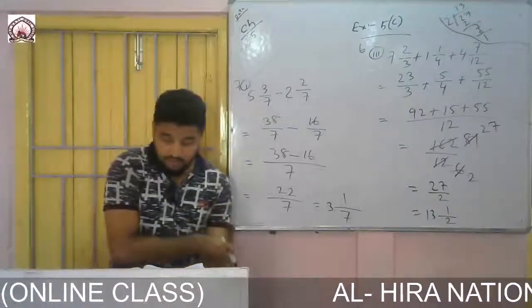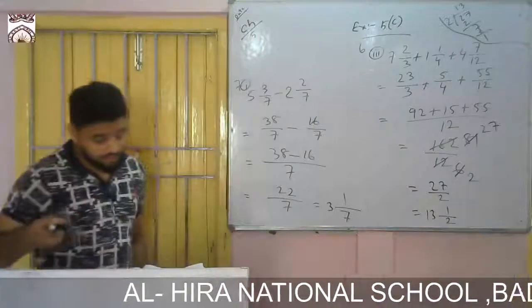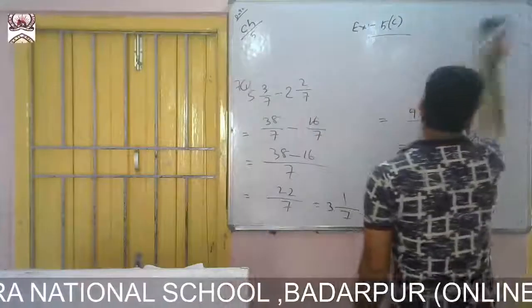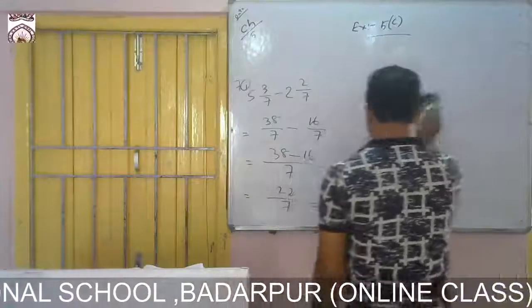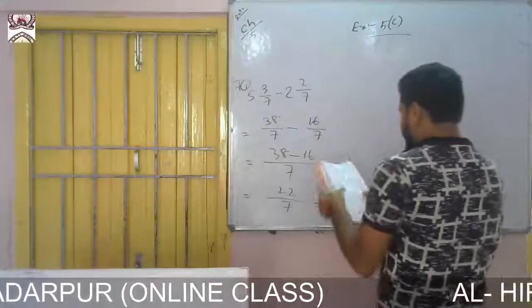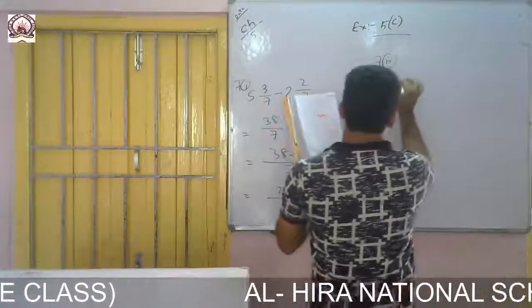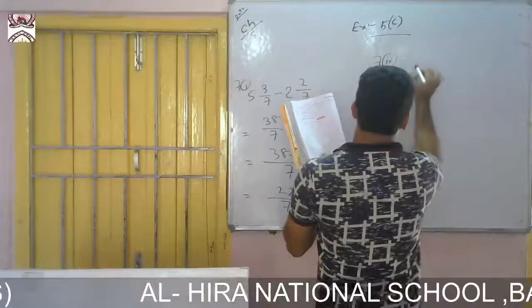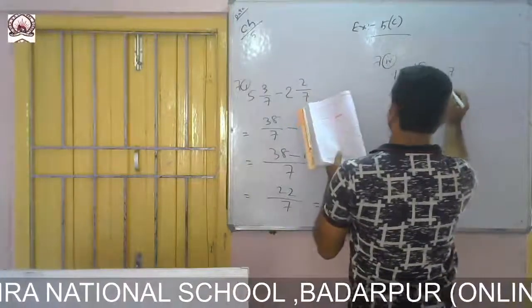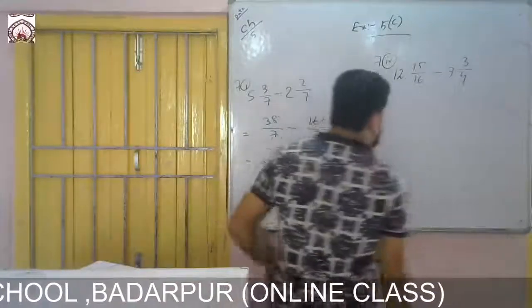Okay, now come to question number 7, Roman 4. What is there? 12 15 by 16 minus 7 3 by 4.